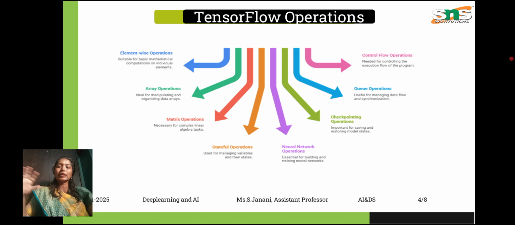These are the TensorFlow operations. Most commonly used are arithmetic operations, matrix operations, and optimization operations. Arithmetic operations use add, subtract, multiply and divide, the same as in C. In optimization operations they use gradient descent and Adam. In loss operations they use mean squared error and cross entropy, and in activation operations they use ReLU, sigmoid and softmax.